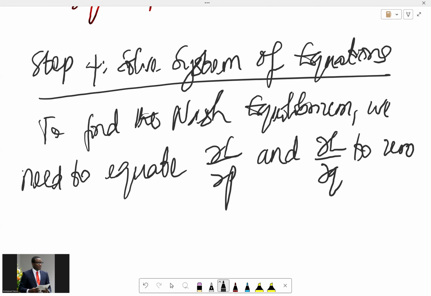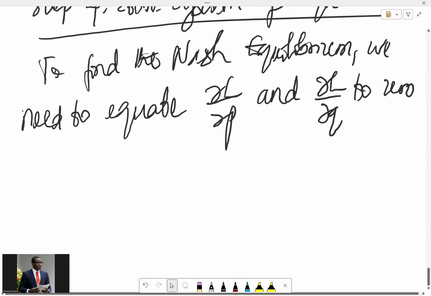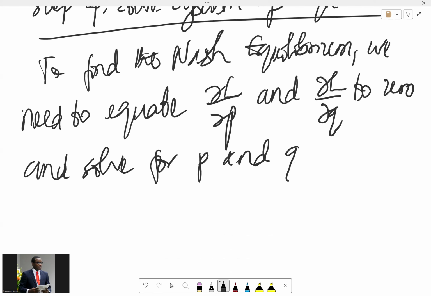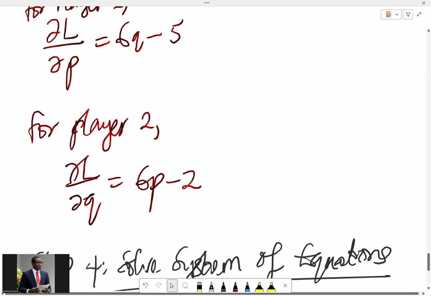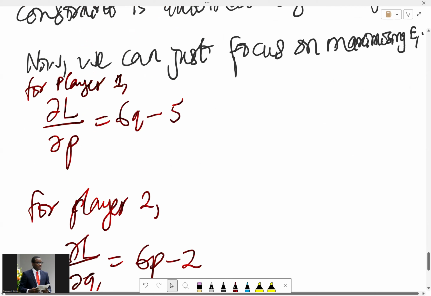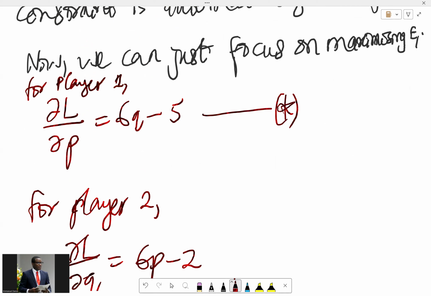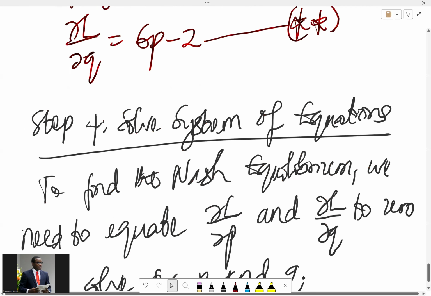And solve for P and Q. That's what we have.